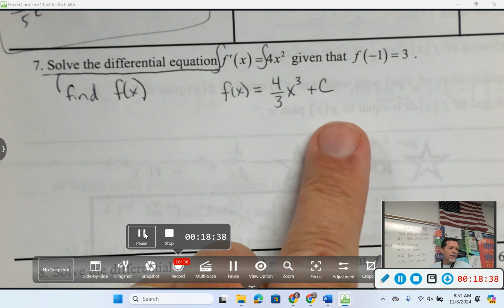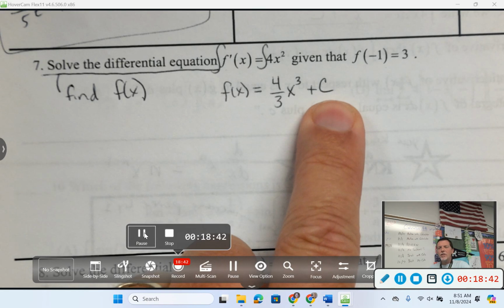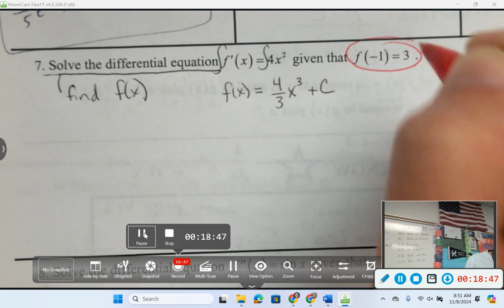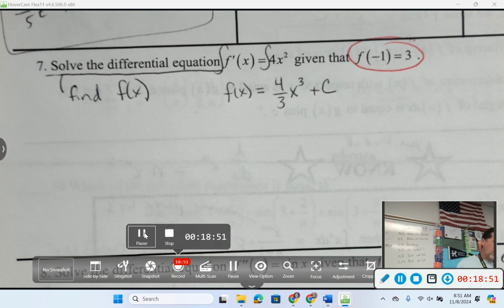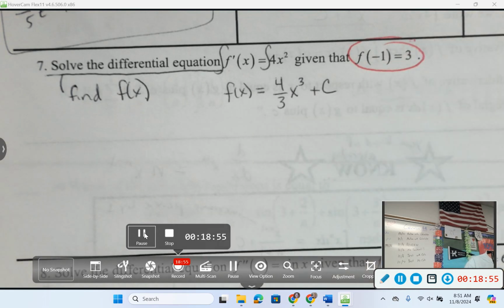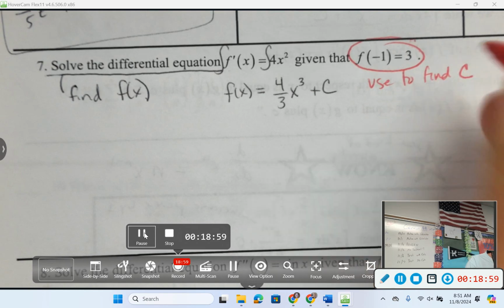I have a kind of an indefinite solution, but I want to figure out what c is. That's why they gave me this piece of information. So I can use that to find c.